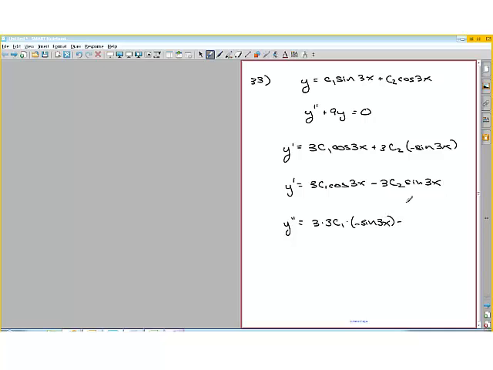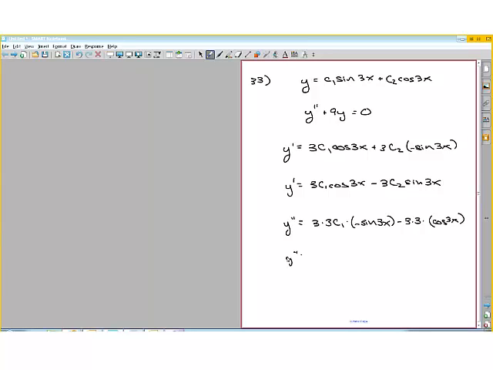Okay, the second part, again, we get the 3 coming out. This 3 comes from the chain rule here, so that comes out. We have our 3 that's originally there, and we multiply by the derivative of the sine, which is the cosine. So we get the cosine of 3x. Don't change the argument.